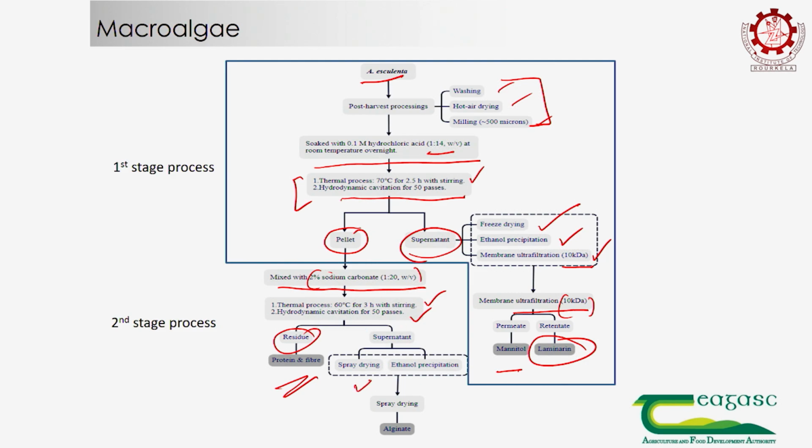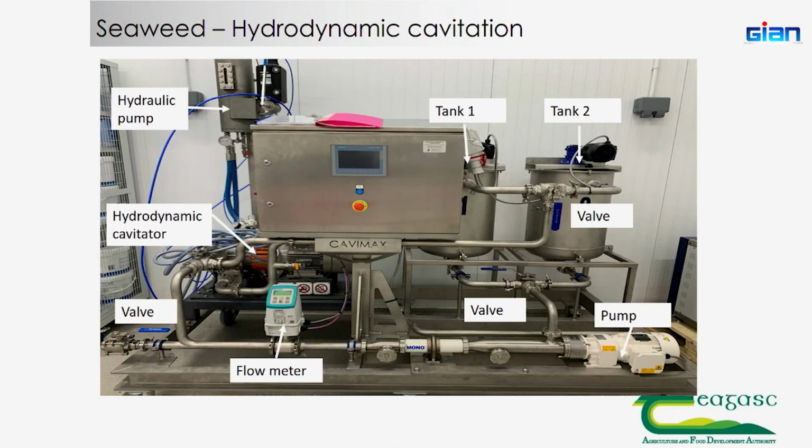The supernatant: direct spray drying gives crude alginate, ethanol precipitation gives pure alginate, and then to measure the properties of alginate, you use FTIR or TGA and all those analyses to compare with commercial alginate to prove the point of how good your process is. Now, all these key steps were done again with the same hydrodynamic cavitator.